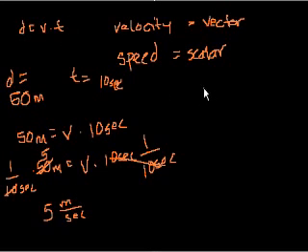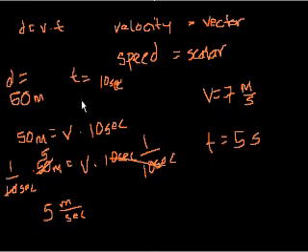If I said that the velocity is equal to 7 meters per second, and that time is equal to, I don't know, 5 seconds, how far did I go? Well, I could use that formula again. Distance is equal to velocity, 7 meters per second, times time, which is 5 seconds.